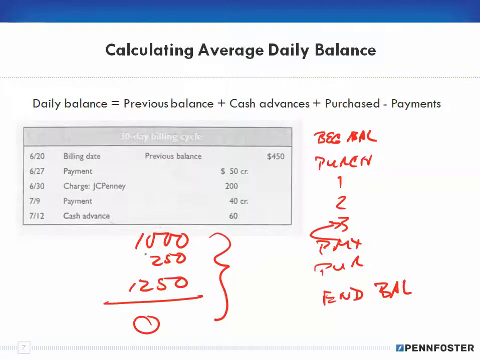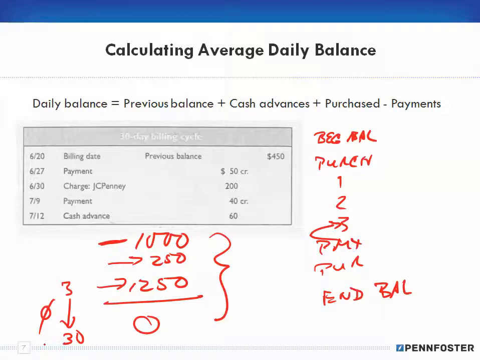I started out with 1,000, but maybe on the first of the month I made that purchase of 250, and then on the second day of the month I paid it off, the full 1,250. So day 3 all the way through, say, 30, my balance is 0. That skews the information.